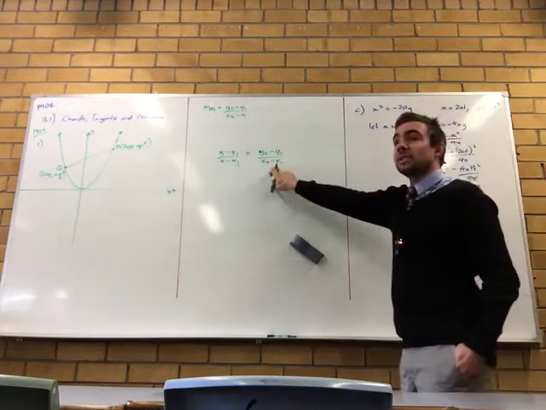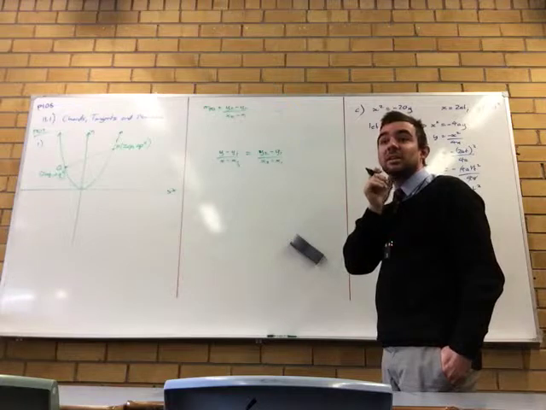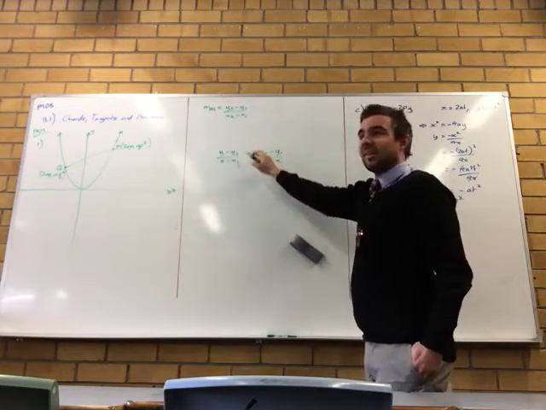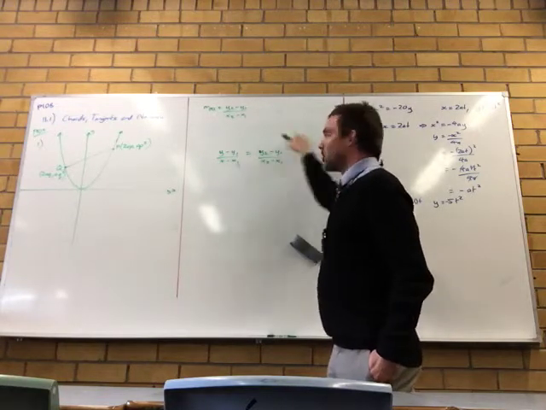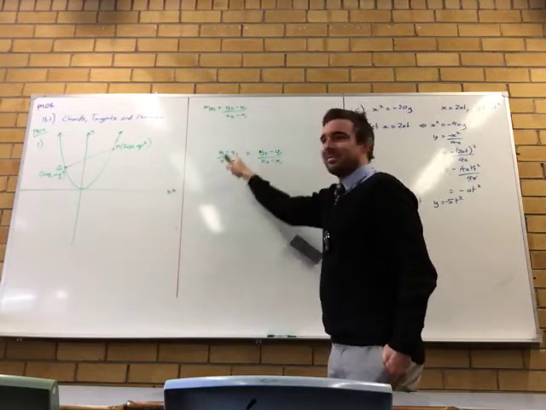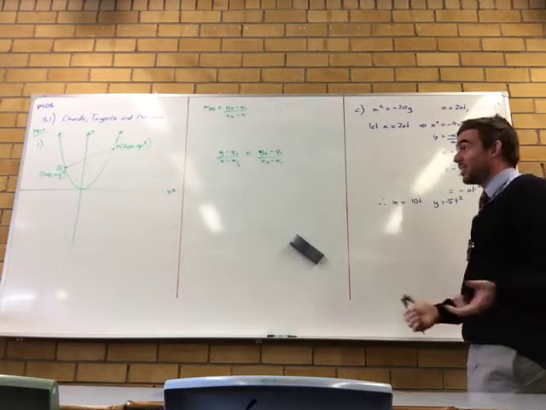But what's on this side? That's the gradient. If I rearrange that, that'll be m, wouldn't it? And then I'll bring that up top here. Then y take away y1 equals m, x take away x1. Yeah, I like that one. So you can do it that way if you want.